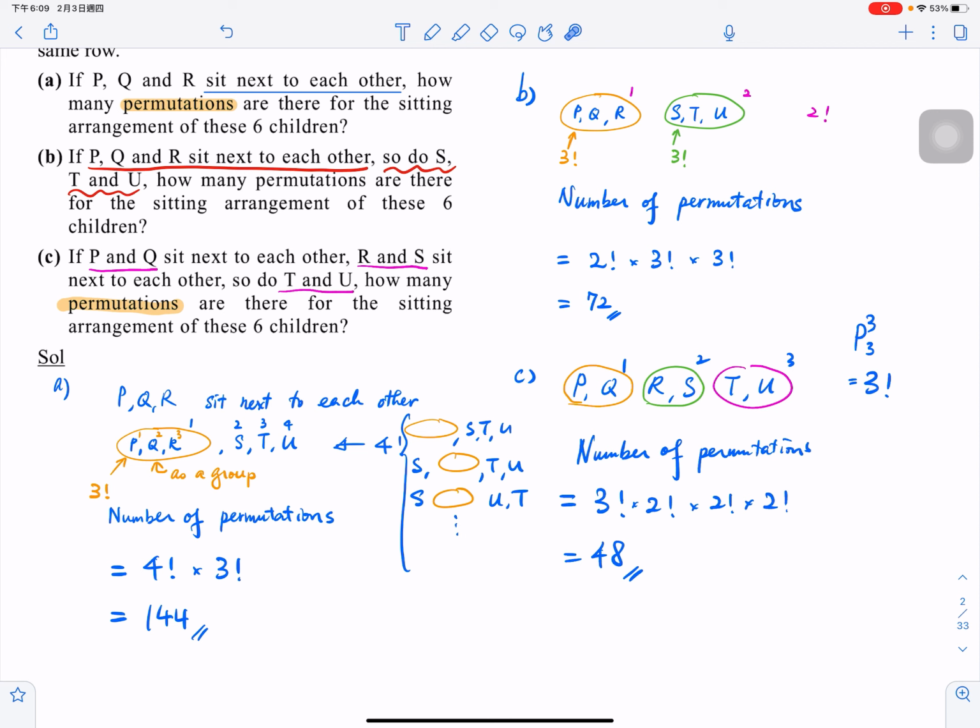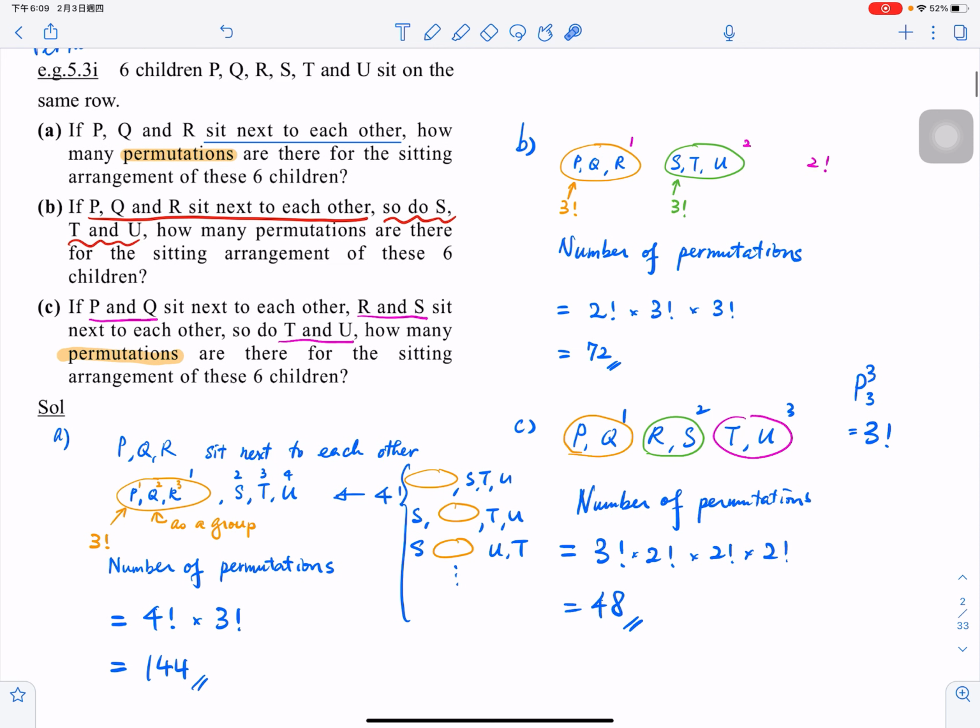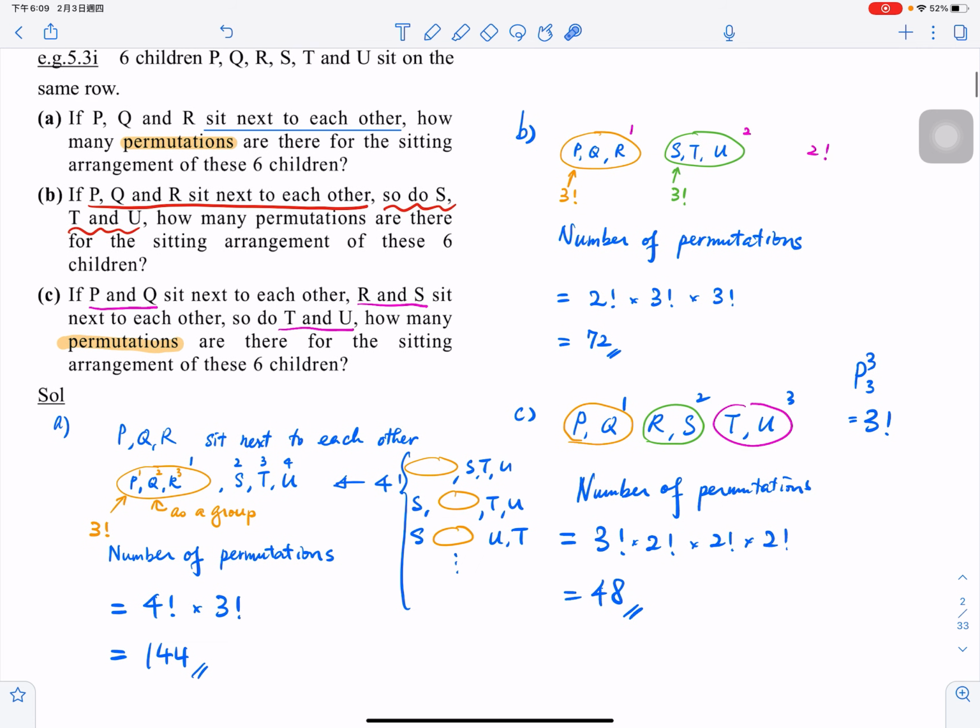So see, when you understand the question and the question asks you about the permutation, you just think, if you need to arrange it in a row like this, then how many items? If total is 6, then 6 factorial.